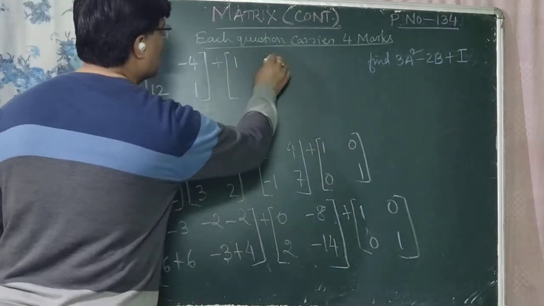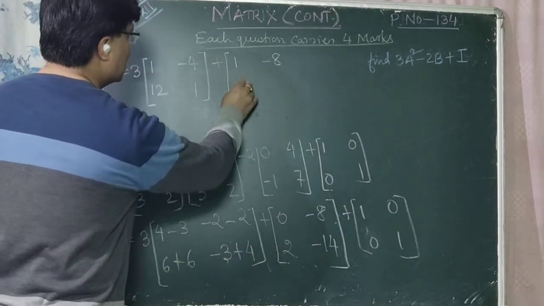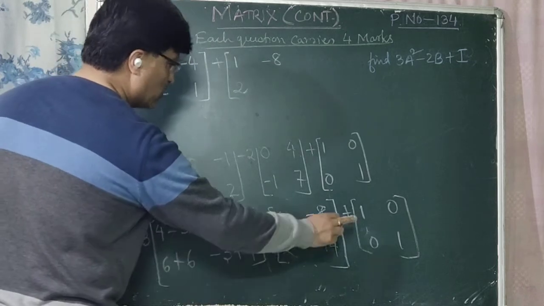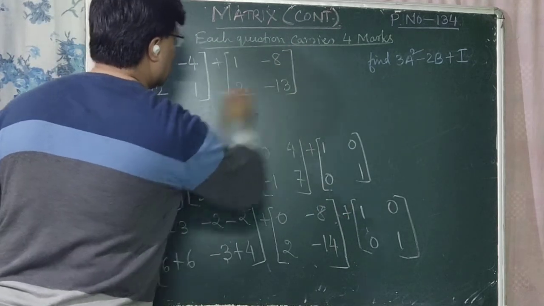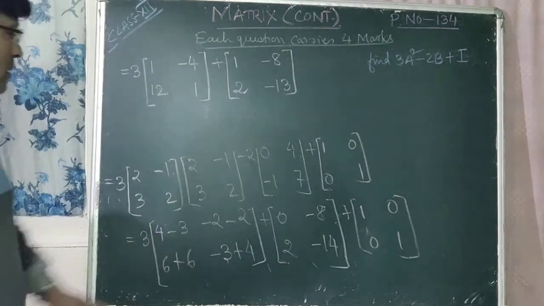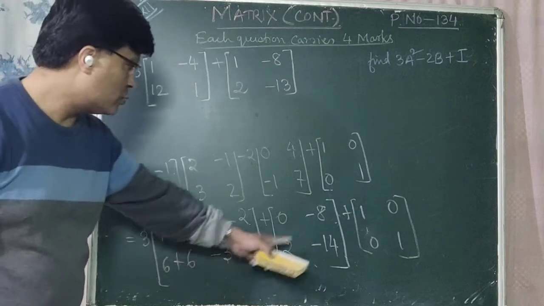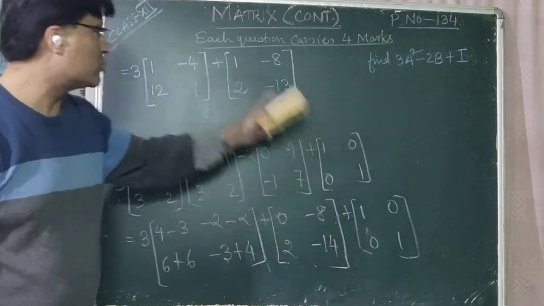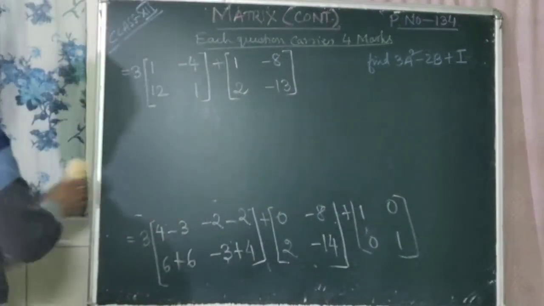Minus 8 plus 0 is minus 8. Right? Then 2 plus 0 is 2. And minus 14 plus 1 is minus 13. Is it clear to all of you? Right? Again you can add them.